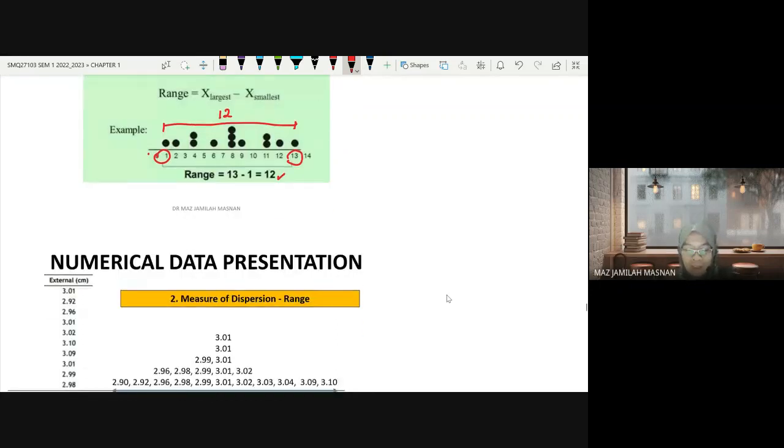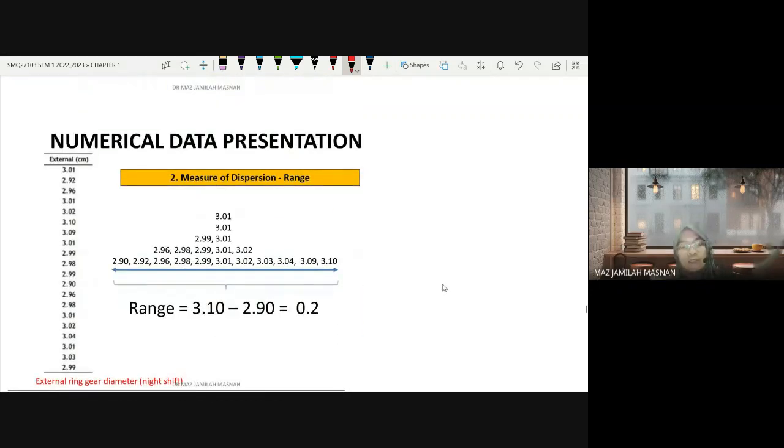Now let us look again at the example on page 28 in the book.